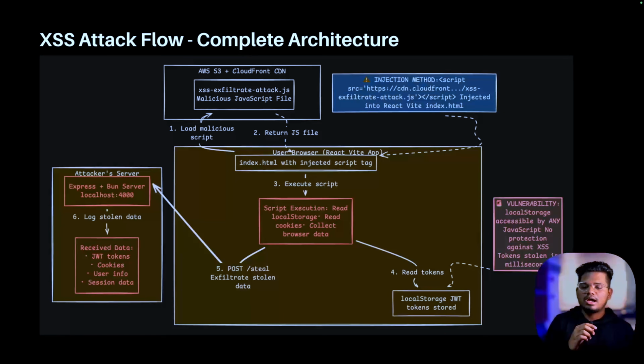So first, I need to create the attacker server. Let me open VS Code. I am creating an Express server using Bun. This will be our attack server running on port 4000.